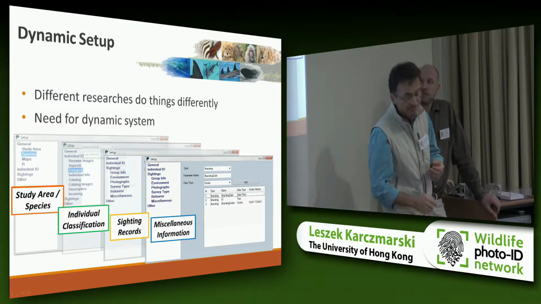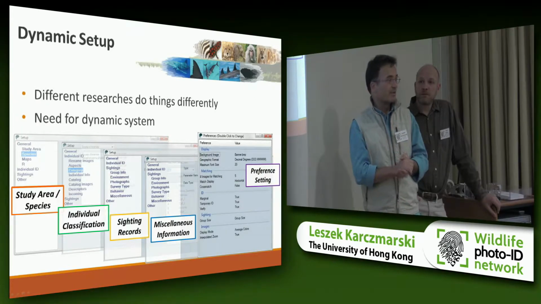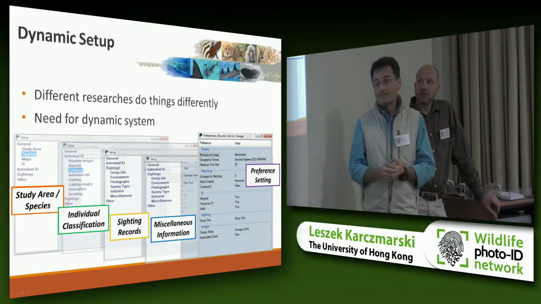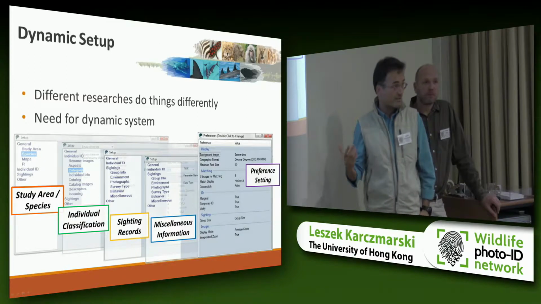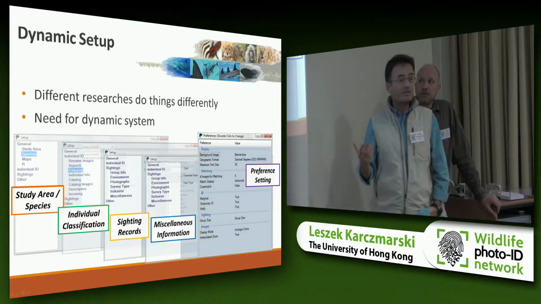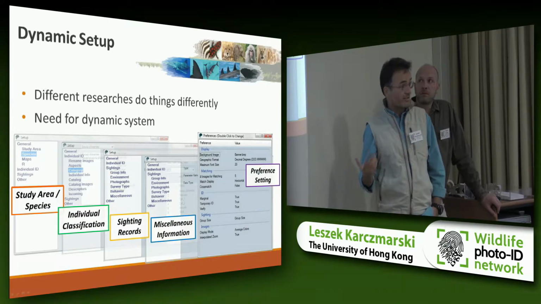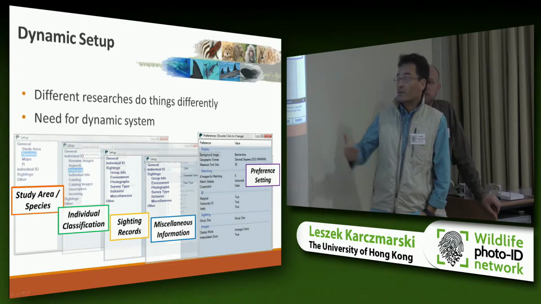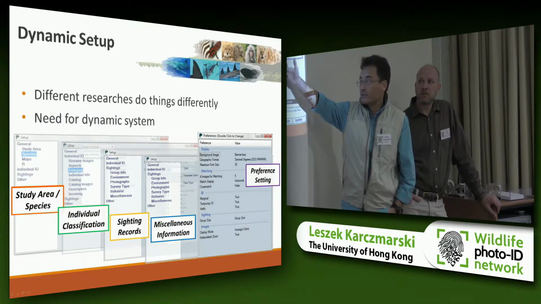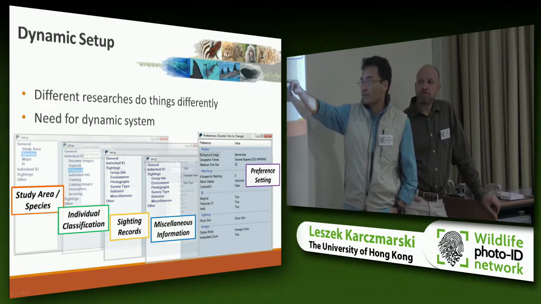And since we all have habits, and habits are sometimes good, sometimes not, but they're very, very hard to get rid of, some people have certain preferences for putting data in a certain way. Even in simple things like whether to use decimal degrees or minutes and seconds for geographic position, whether to use original images, whether to use temporary IDs, or perhaps to verify.